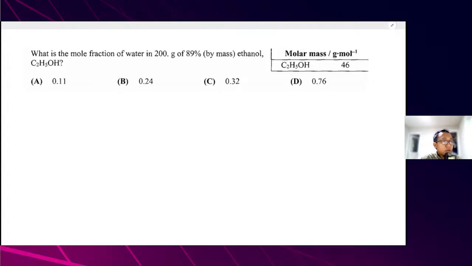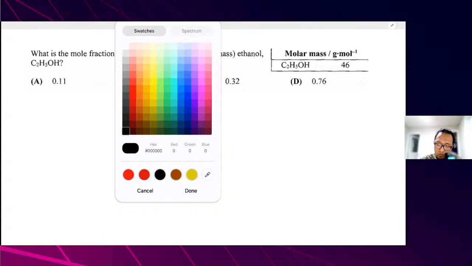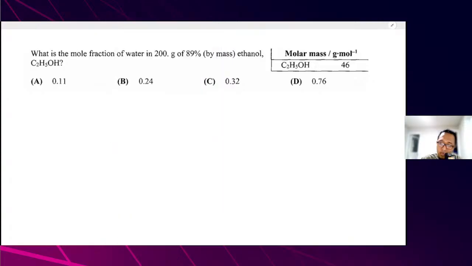Okay, in 200 gram. So how to get this one: the first step is we have the molar mass of ethanol, Mr is 46 gram per mole, and then we know the water is 18 gram per mole, right?